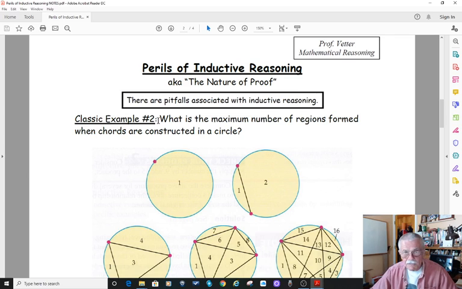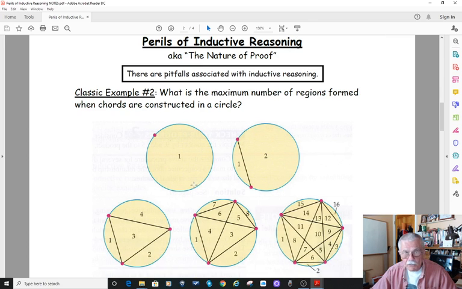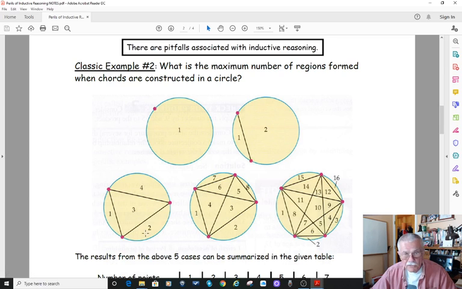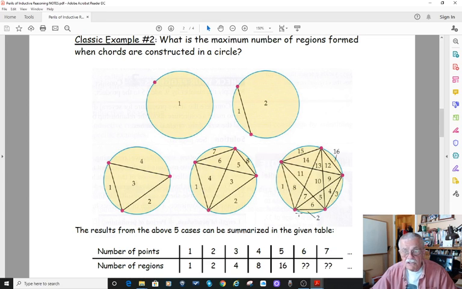Classic example number 2. Maximum number of regions formed when chords are constructed in a circle. Okay, so no chords, 1 region. 1 chord, 2 regions numbered 1 and 2. 3 chords, 4 regions. 4 chords, 8 regions, 5 chords, 16 regions.